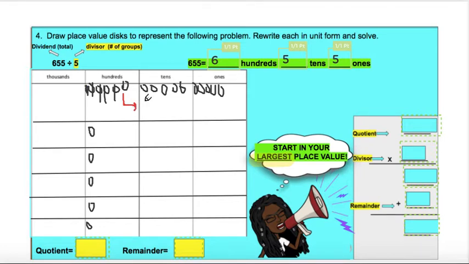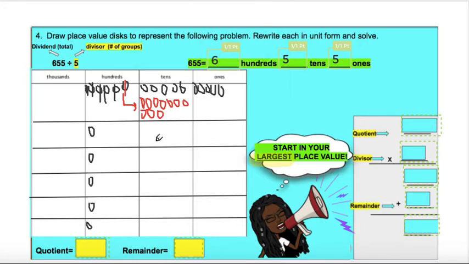How many more discs am I going to draw when I unbundle? 10. 2, 3, 4, 5, 6, 7, 8, 9, 10. That means that this 100 is now gone and it turned into 10 tens. Now I have 15 tens because I had 5 more before I unbundled.